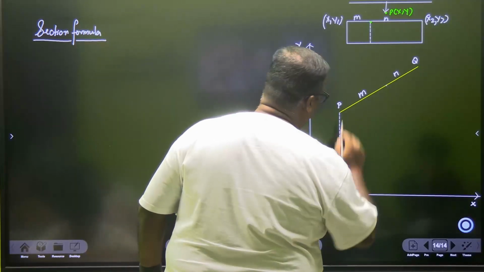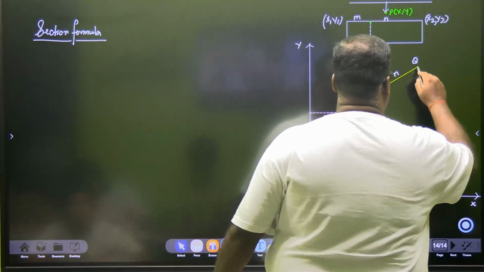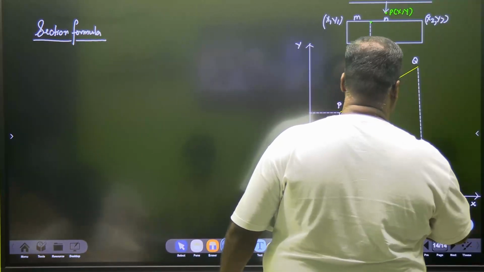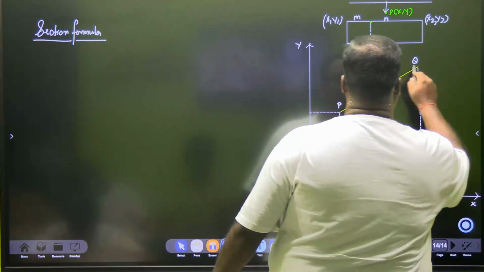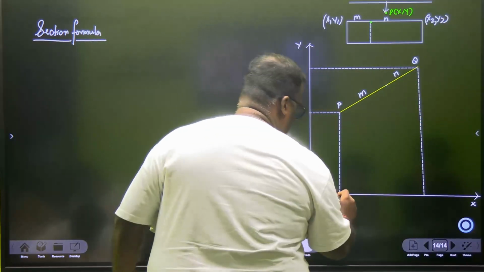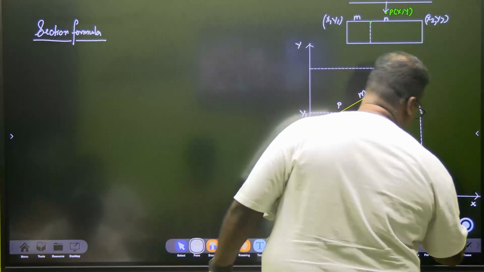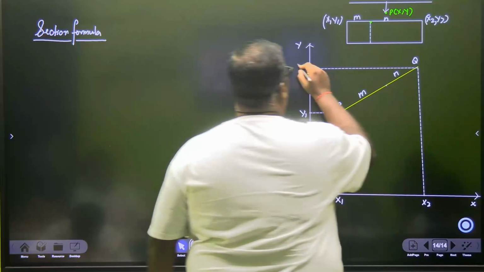So this is the coordinate of P. Okay. Then this is the coordinate of Q. So let's write P will have a x1 out here. P has a y1 out here. Q has a x2 out here and a y2 out here.